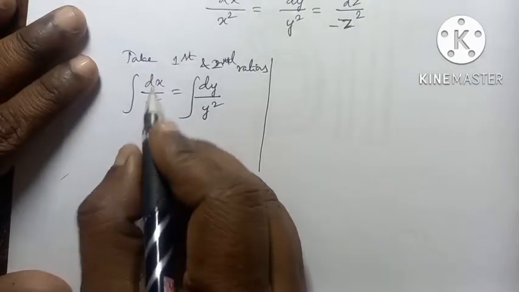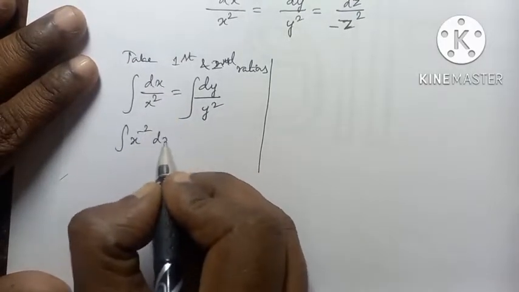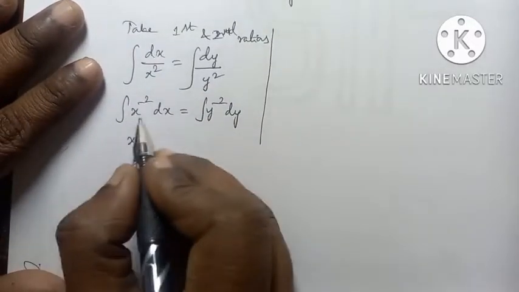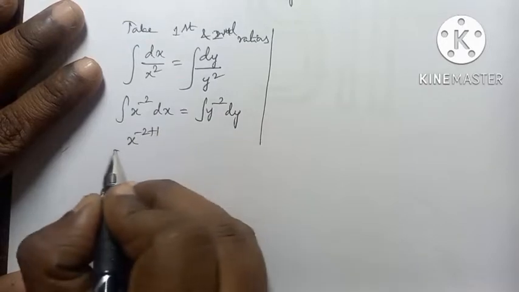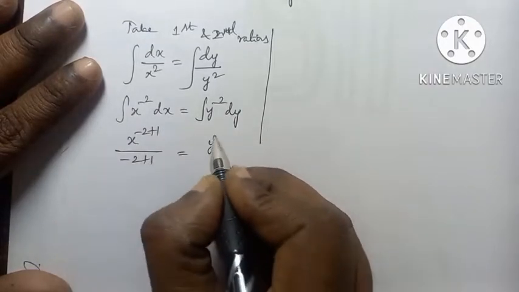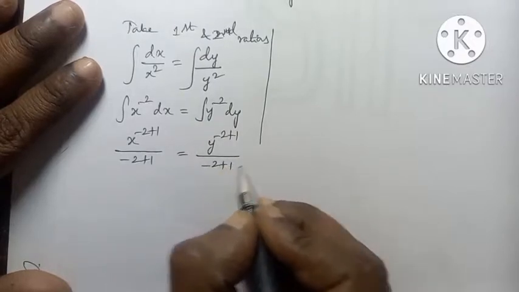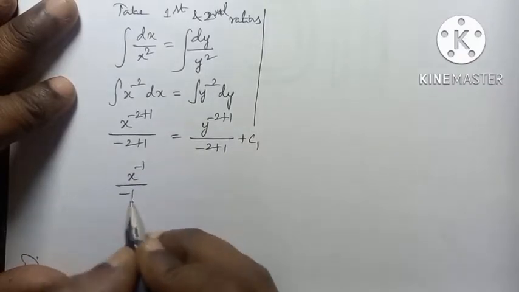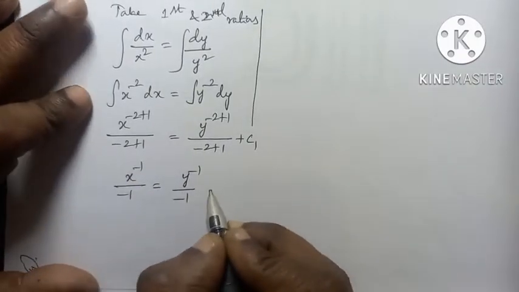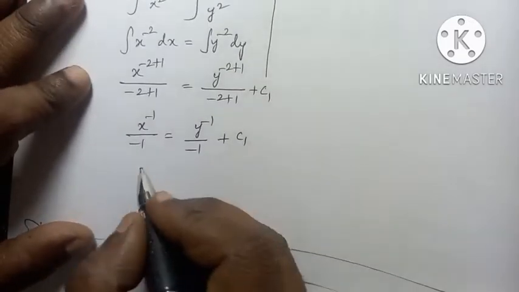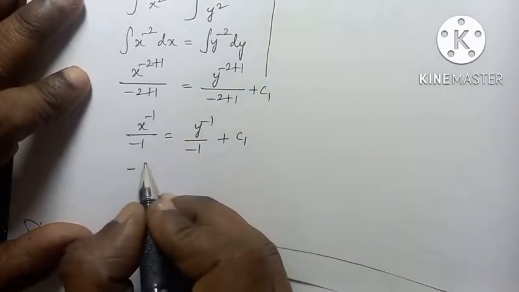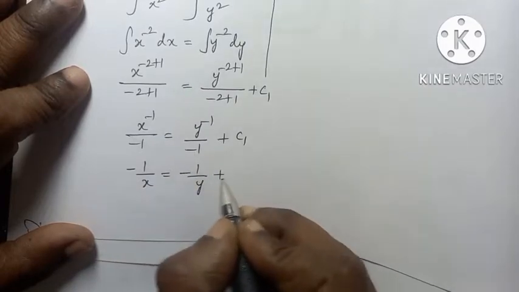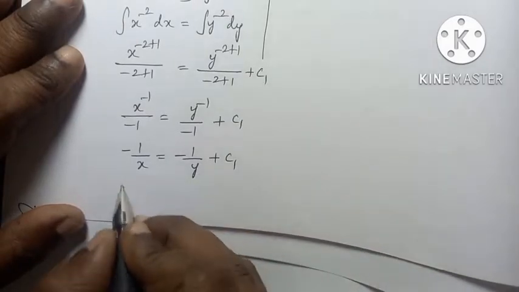You take this to the numerator, y power minus 2 dy. When you integrate, we know the integration of x power n is x power n plus 1 by n plus 1, plus a constant of integration. Minus 2 plus 1 is minus 1. So x power minus 1 is 1 by x, and y power minus 1 is 1 by y with this negative sign, equal to c1. You can take this 1 by y to this side.